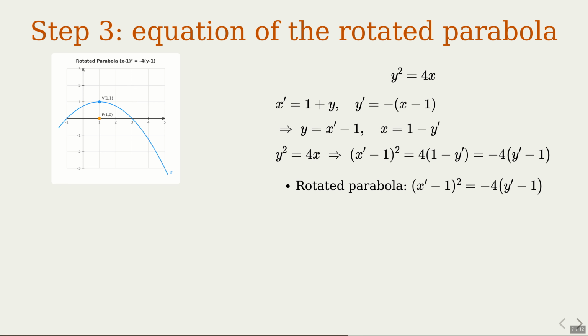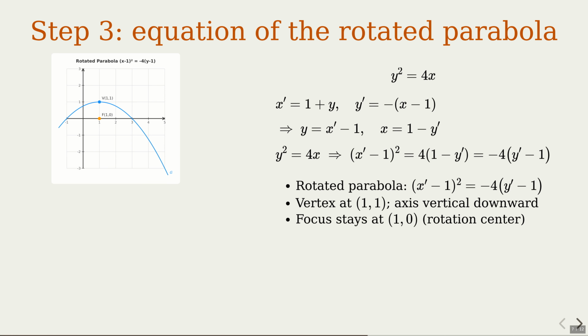So in the rotated picture, the new coordinates satisfy the equation (x' − 1)² = −4(y' − 1). That looks like a vertical parabola with vertex at (1, 1) opening downward. Exactly, the squared term is in x', and the coefficient in front of y' − 1 is negative, so it opens down.